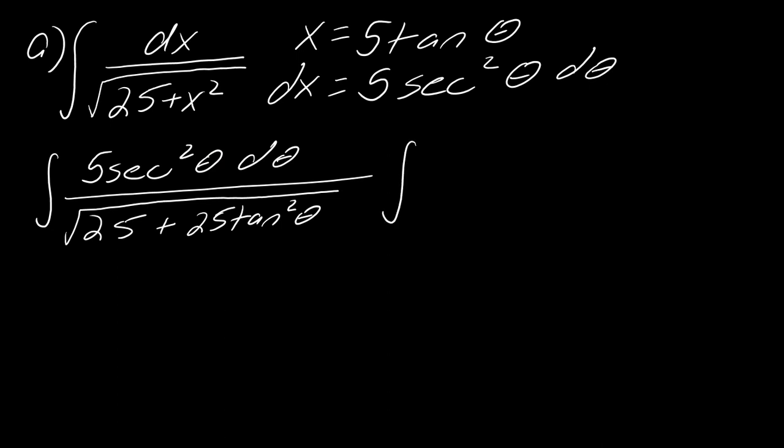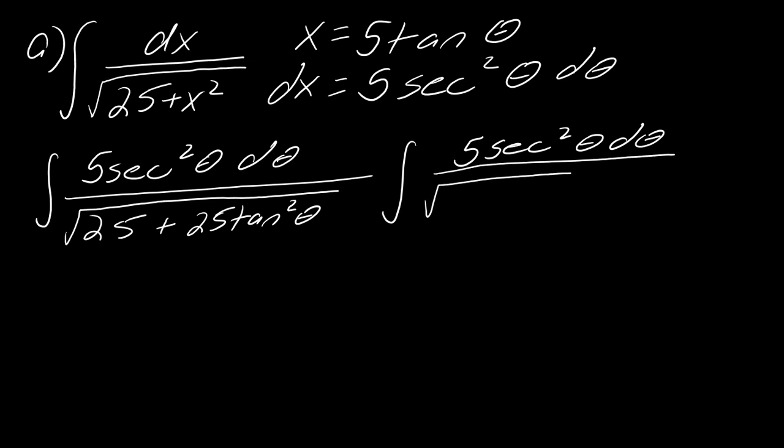So 5 secant squared theta d theta over the square root of 25 times, and then this becomes 1 plus tangent squared theta.